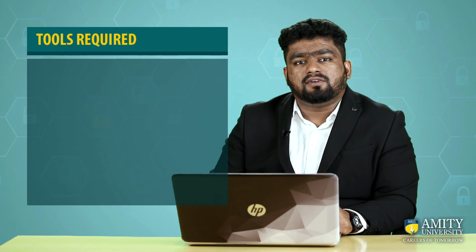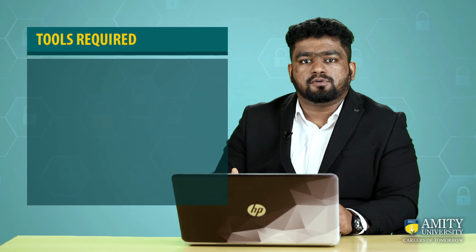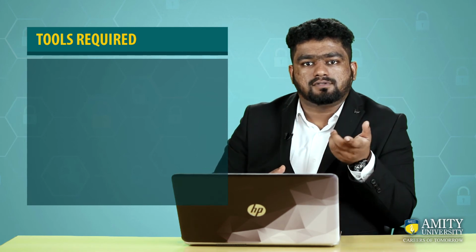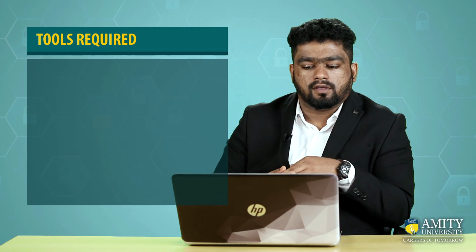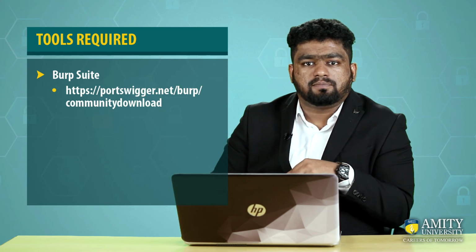Okay. Now we need to configure Burp Suite. As I told, we need to configure Burp Suite to listen on a particular port, and we also need to configure our browser to send the request through that particular port. For that we have to download Burp Suite, or Burp Suite comes pre-installed in Kali Linux.